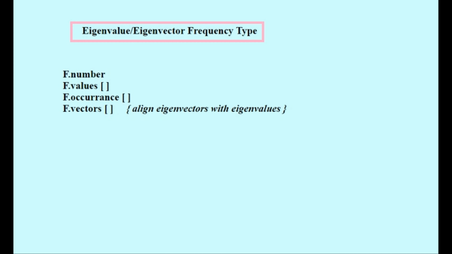So now we're in a position to expand the second data type to include eigenvectors. Usually if an eigenvalue is found n times, then it has n different eigenvectors, and we need to align these two. We could just place them in a matrix and have an index reference to which column it is in.